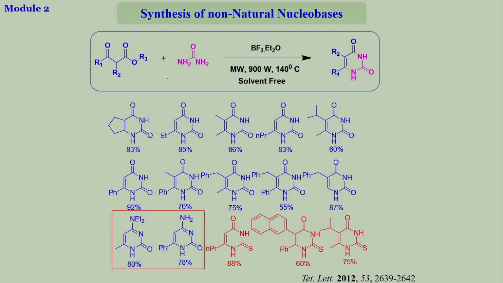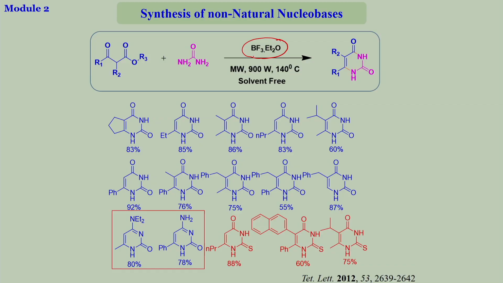This is what we have developed and published. This is the same beta keto ester as you have seen earlier, and this urea, and instead of using a huge amount of strong acid and strong base, if you just use a weaker acid, in this case we are using the Lewis acid, which is BF3, mostly solubilized in ether.